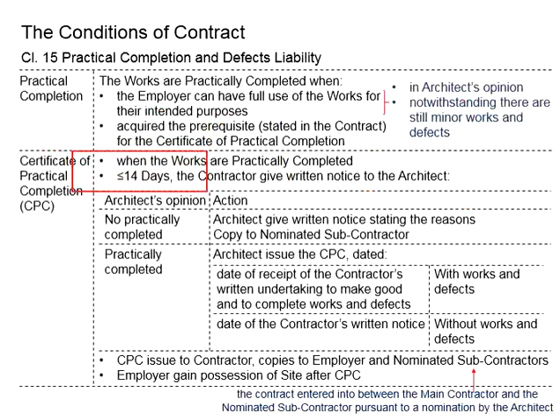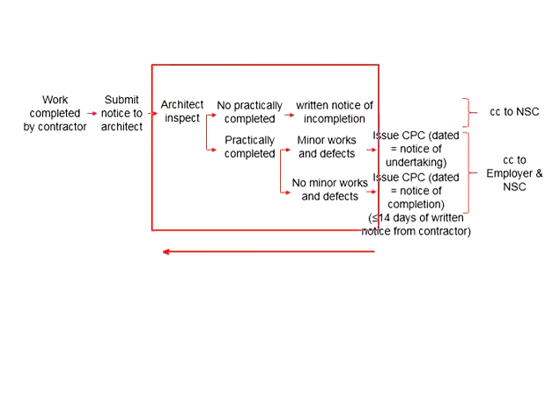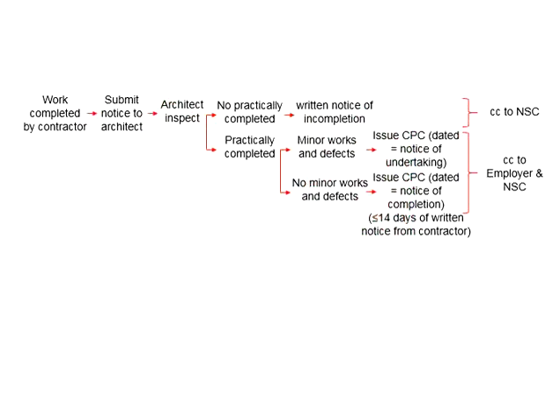Based on the clause here, the CPC will need to be issued within 14 days after the contractor submits the notice. That means this entire process will have to be completed within 14 days.